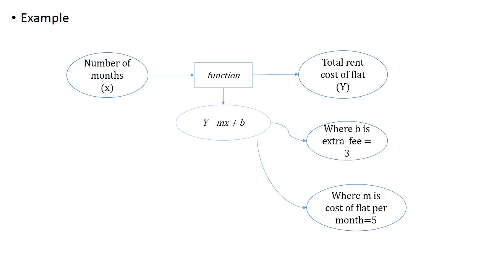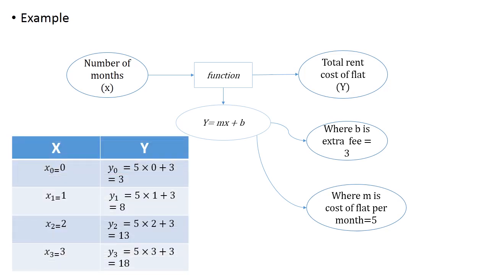We can substitute each value of x to get the value of y, as seen in the next table. For example, when x equals 0, we substitute and get y equals 3, and for x equals 1, y equals 8, which represents the total cost of renting the flat after 1 month, and so on.